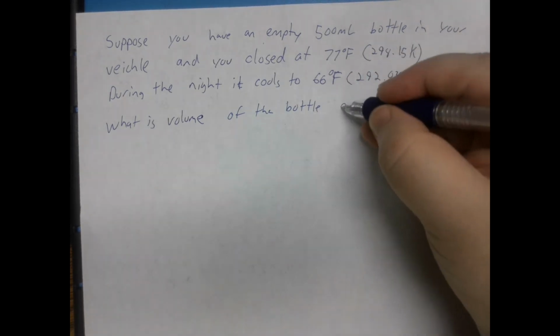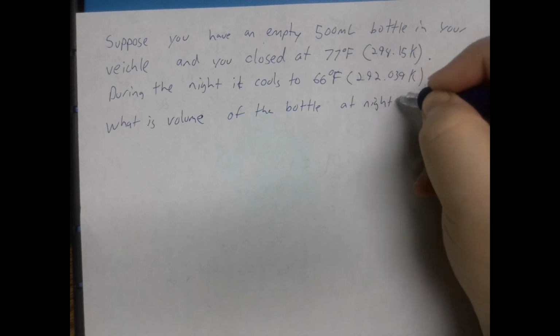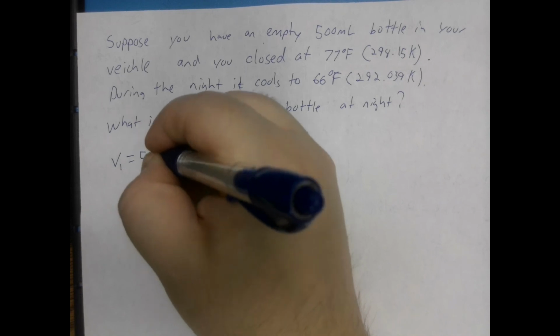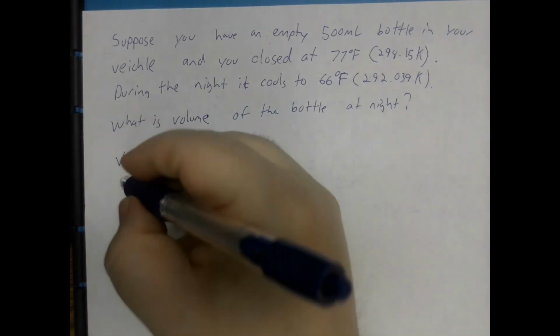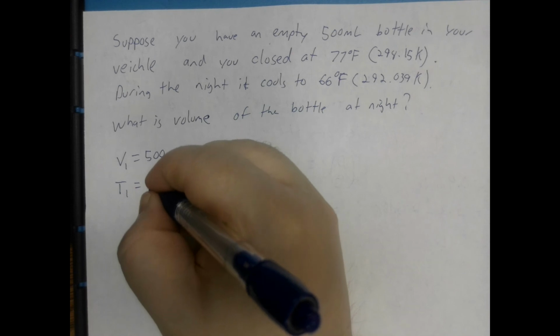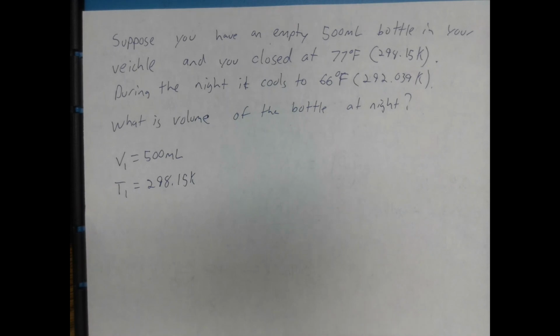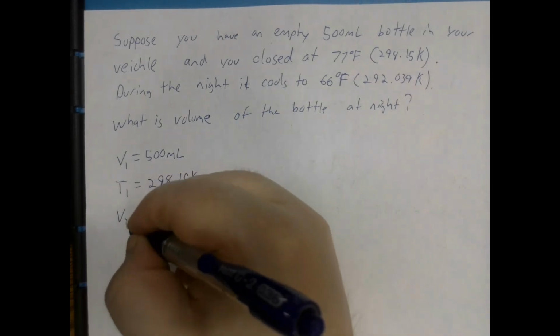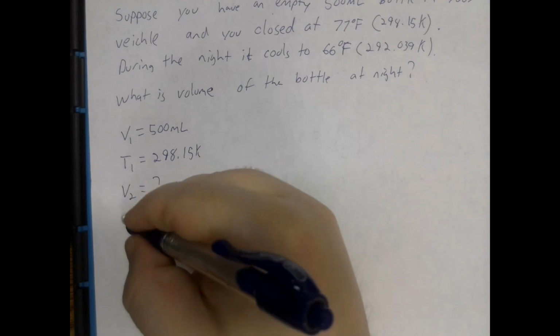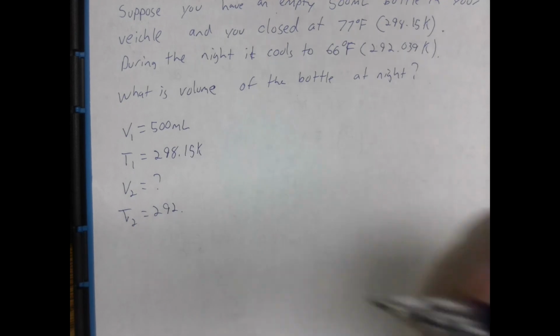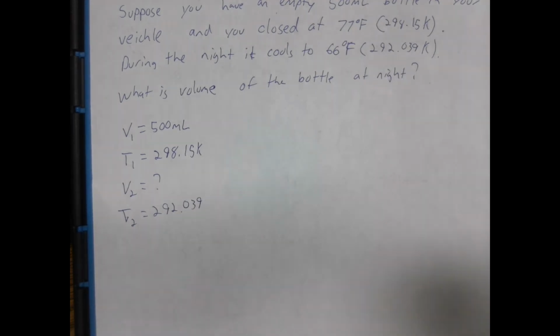So initial volume is 500 milliliters. Initial temperature was 298.15 Kelvin. We're solving for final volume. And the final temperature was 292.039 Kelvin. See if you'd even notice a change.